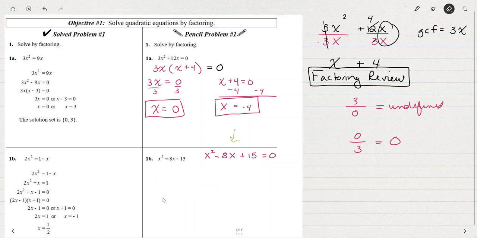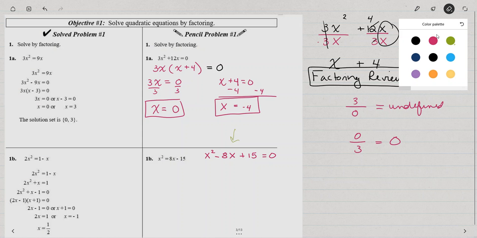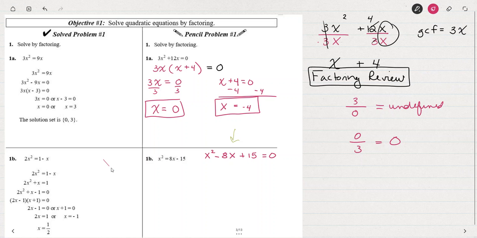All right, so once we have it set to 0, we're ready to factor. When I factor this, I'm looking for two numbers that when I multiply, I get 15. And when I add, I get a negative 8. So I'm thinking 5 and 3 multiply to 15, and then negative 5 plus negative 3 add to negative 8.